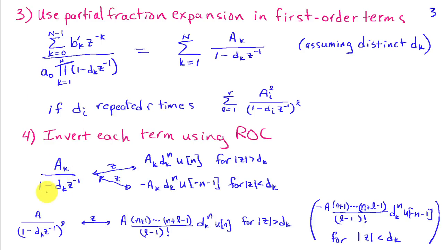A_k over 1 minus d_k z inverse goes to a causal term, A_k times d_k to the nth power u of n, if the region of convergence includes values of z whose magnitude is greater than the magnitude of the pole. On the other hand, if the region of convergence includes values of z that are inside the magnitude of the pole, then we get the non-causal term, negative A_k d_k to the n u of negative n minus 1.